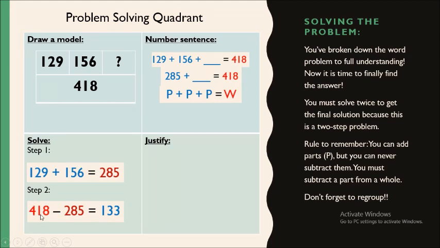Then this would say 11 minus 8 should equal 3 tens. And this will say 3 minus 2 would give you 1 in the hundreds place. This should equal 133 as your solution.